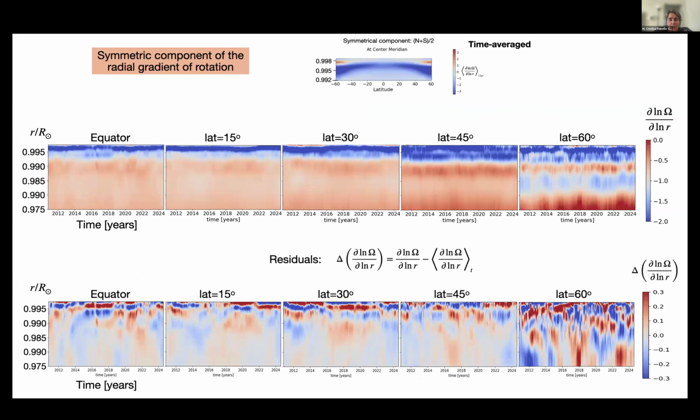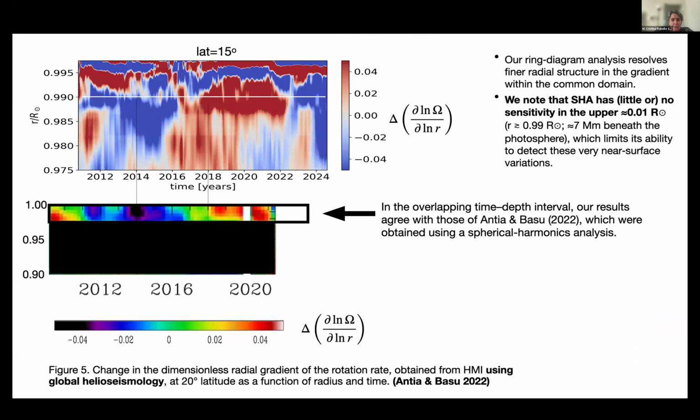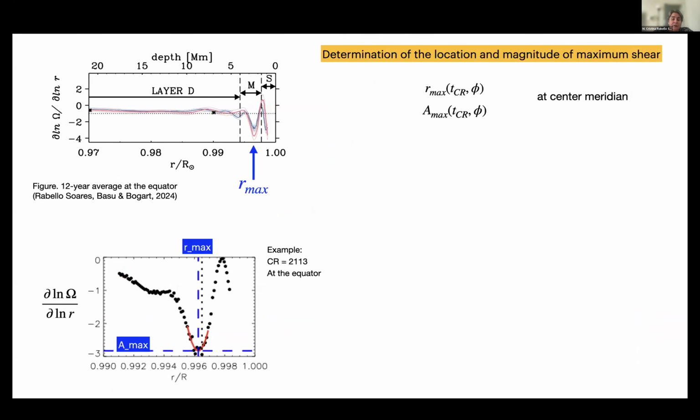So these residuals, how do we analyze them? What do these regions of positive and negative residuals mean, which are even stronger at the strong shear, as I mentioned? So I thought it was easier to find the location of the maximum shear and its amplitude.